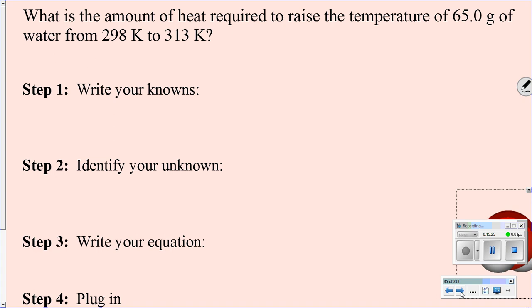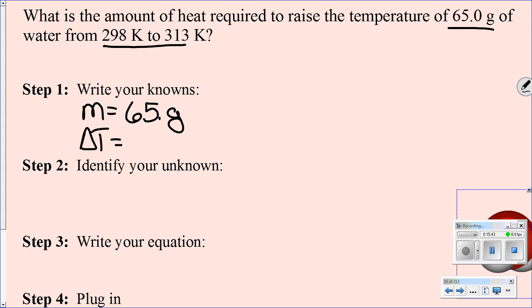What is the amount of heat needed to raise the temperature of 65 grams of water from 298 to 313 Kelvin? So what we know here is that we have a mass of 65 grams. Sorry, I think I might have said 68 before. And we have a delta T of 15 Kelvin, so 313 minus 298.